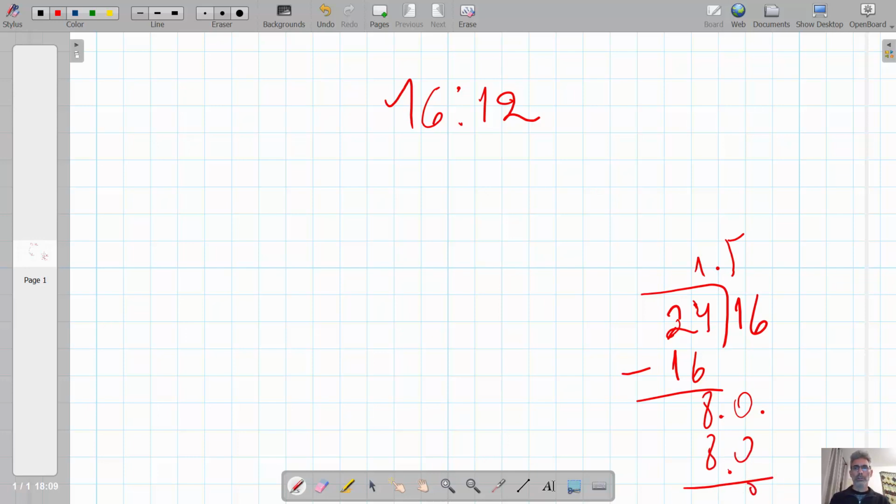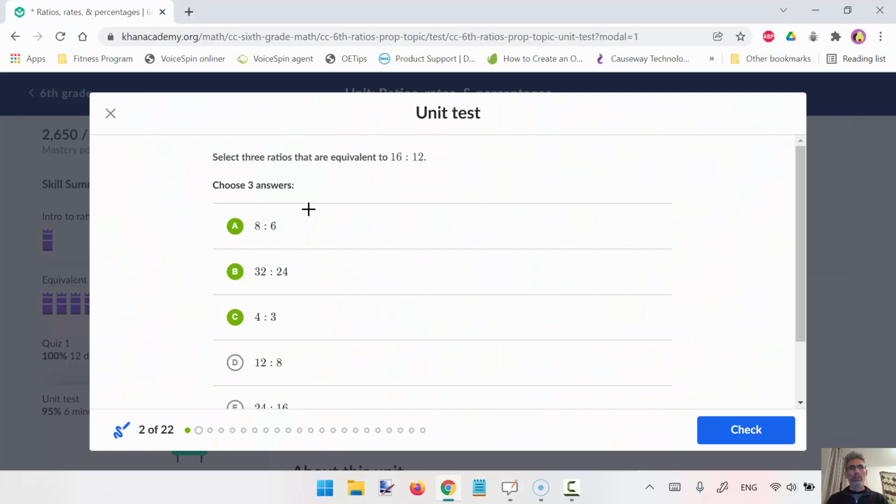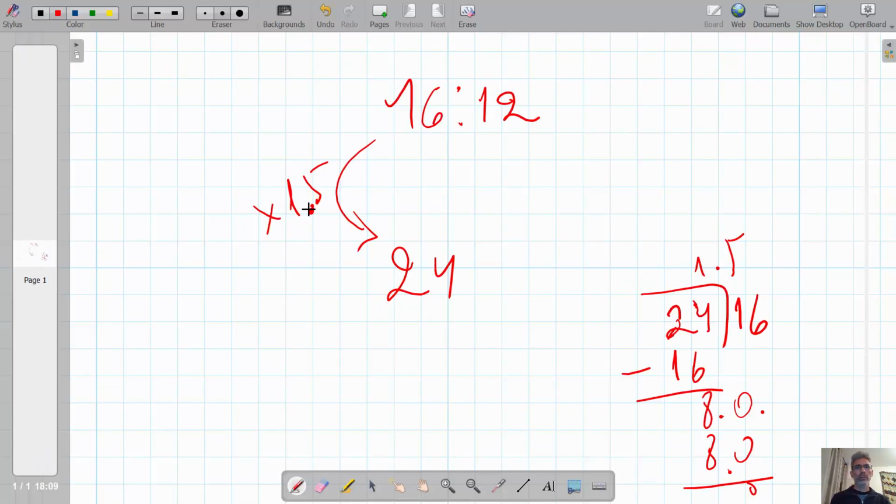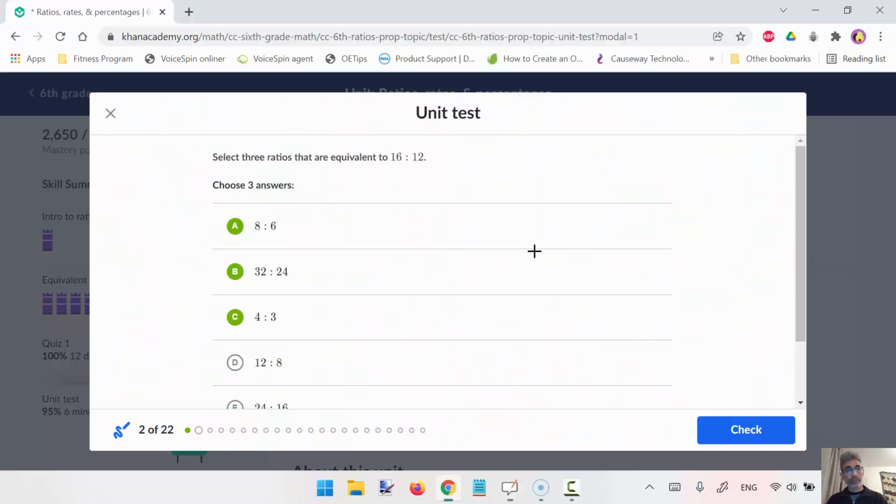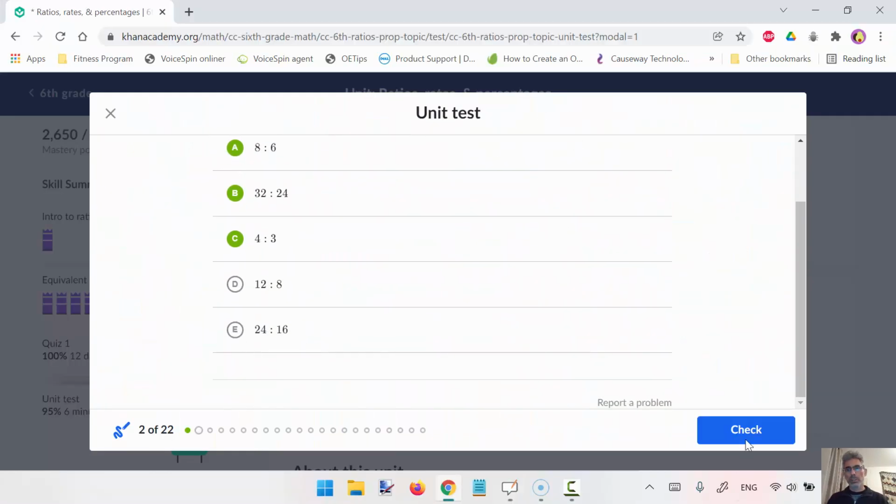And yes, half of 16 is 8, 16 plus 8 is 24. So to go from 16 to 24, we need to multiply by 1.5. And if we multiply 12 by 1.5, it is 12 plus 6, 18. So E is not correct.